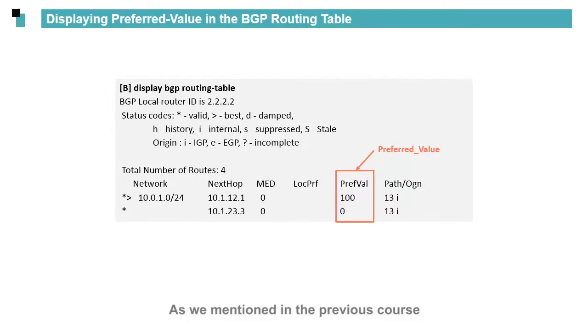As we mentioned in the previous course, to check the BGP routing table, run the display bgp routing-table command. The BGP routing table contains all BGP routes, including those to the same destination.